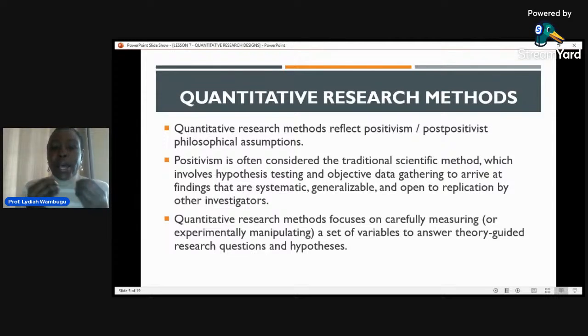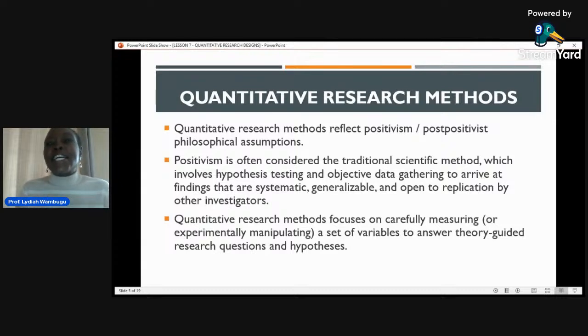So like we had earlier said, quantitative reflects positivism, philosophical assumptions. And majority of us are more inclined to quantitative than qualitative because quantitative or positivism is considered the traditional scientific method.